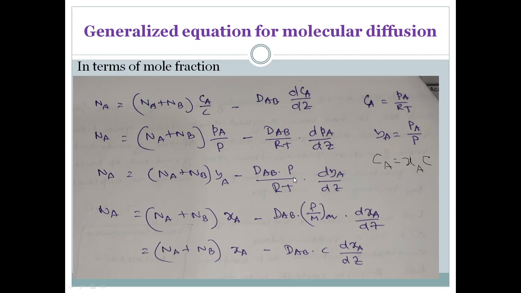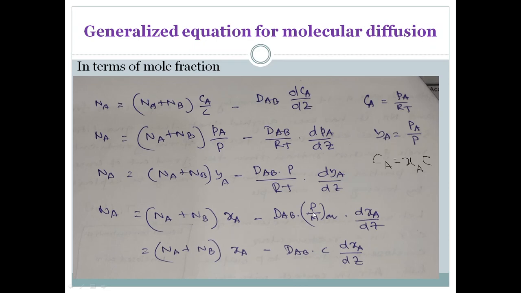But now if you convert this for the liquid phase, what is Ca? Ca equals Xa into total C. So Ca by C will be Xa, where C is the total concentration, and dCa equals C dXa. And what is total C?